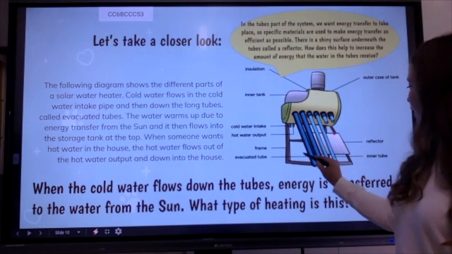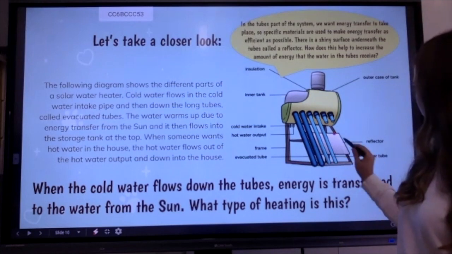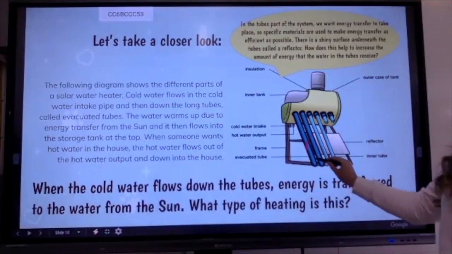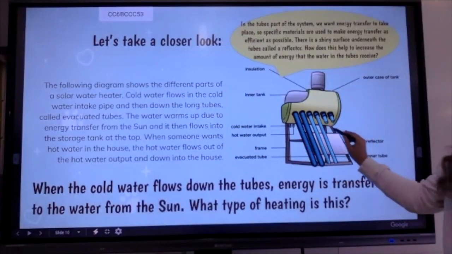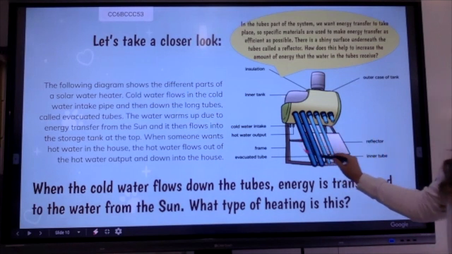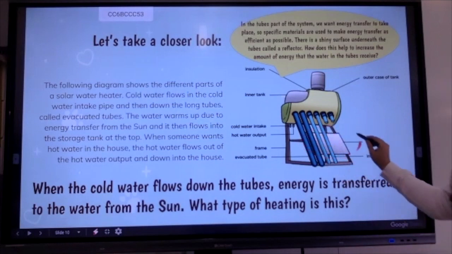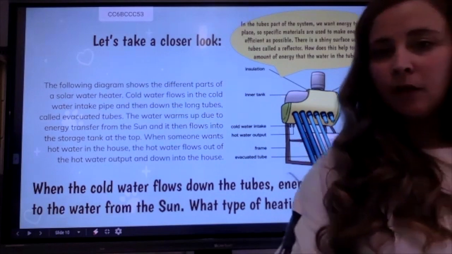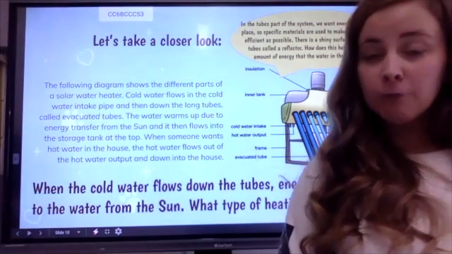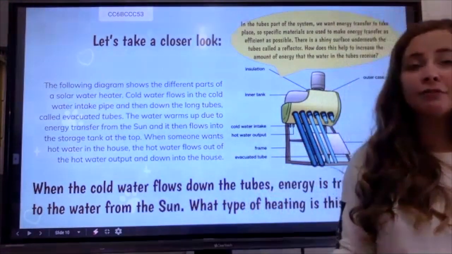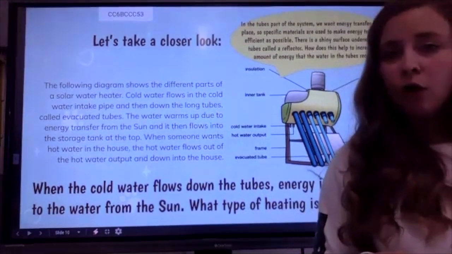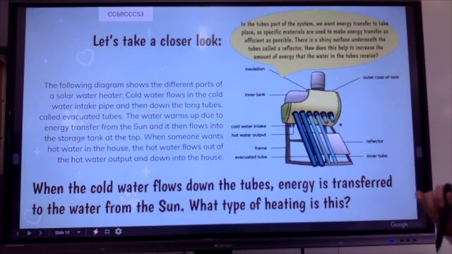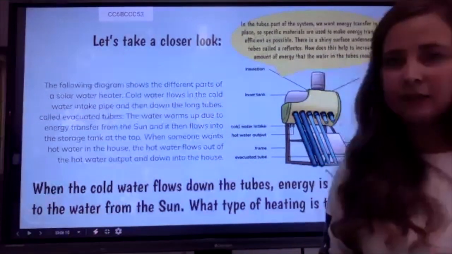So here we have a reflector. It's a shiny piece of metal, almost like a mirror, that is underneath the tubes. What do you think the purpose of this reflector is? Think about what reflector means. What is a reflection? What might the reflector do to help to increase the amount of energy that the water receives?